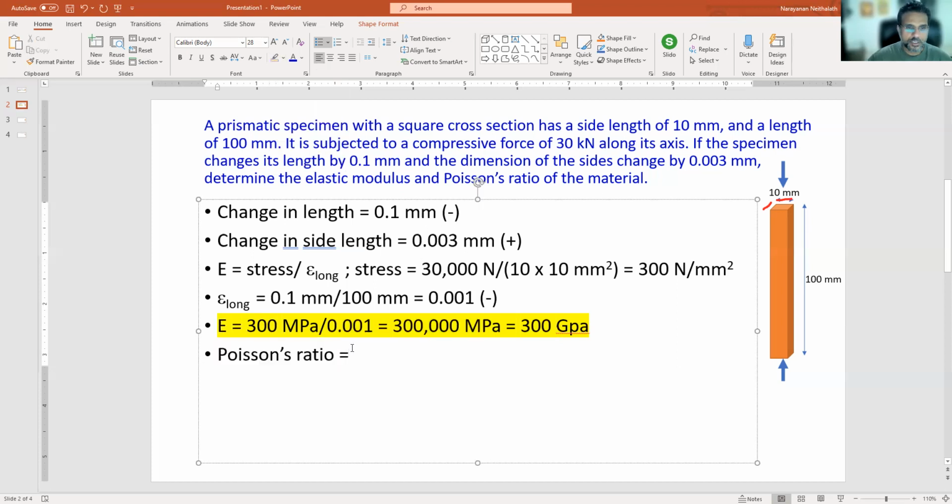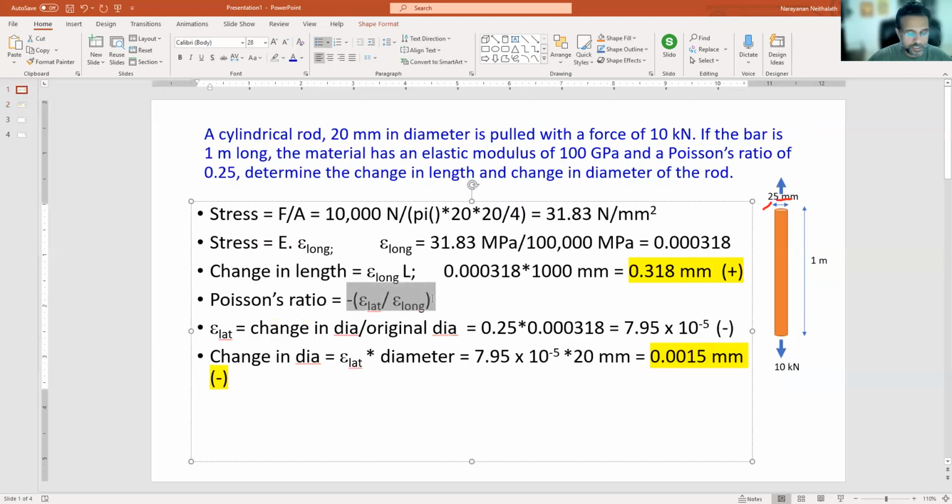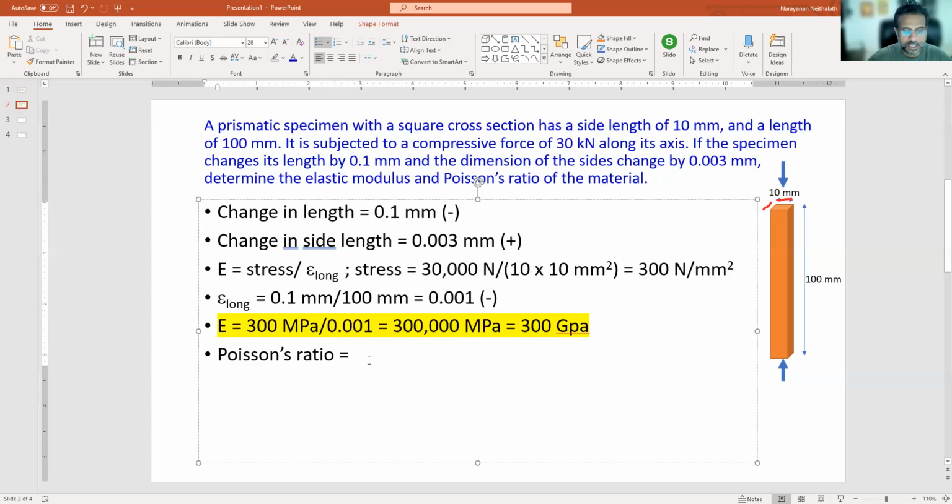So Poisson's ratio, like we did in the last slide, is nothing but minus the lateral strain over longitudinal strain, with a negative sign so that the Poisson's ratio always remains positive. Now, what do you know? You know longitudinal strain. What you need is lateral strain. But that's not a difficult thing, because I know my change in the length of the side also.